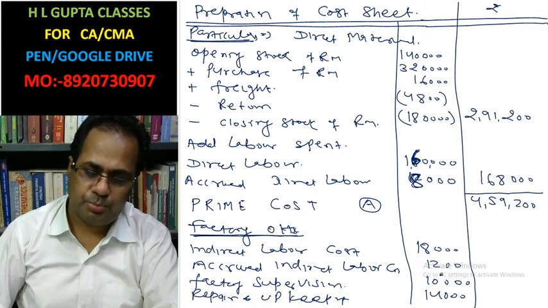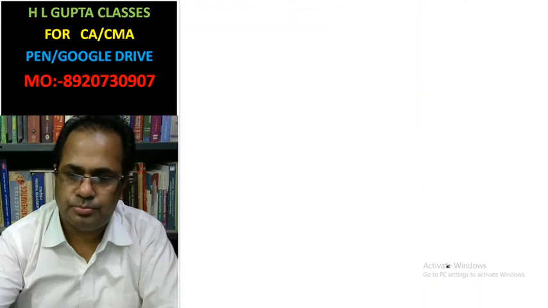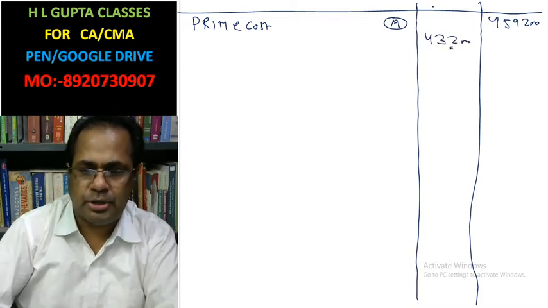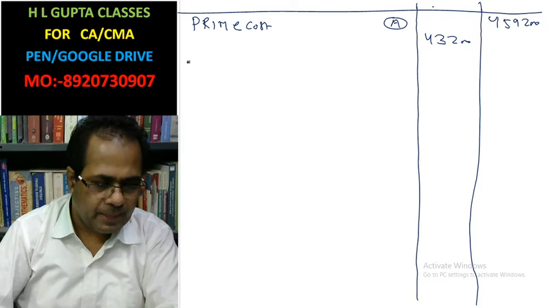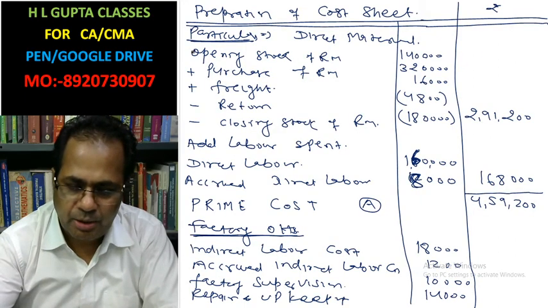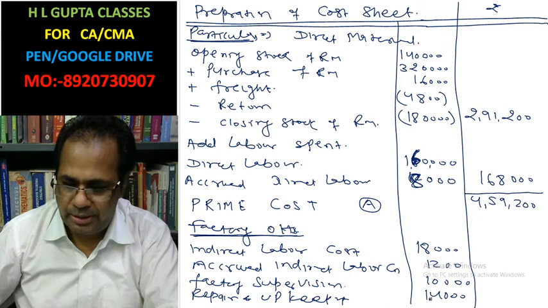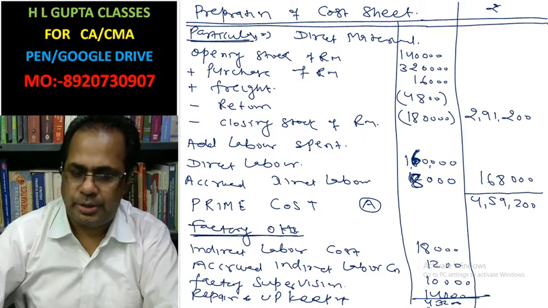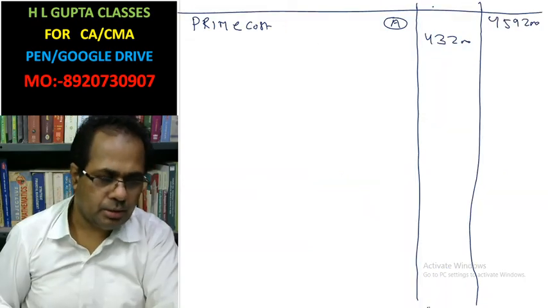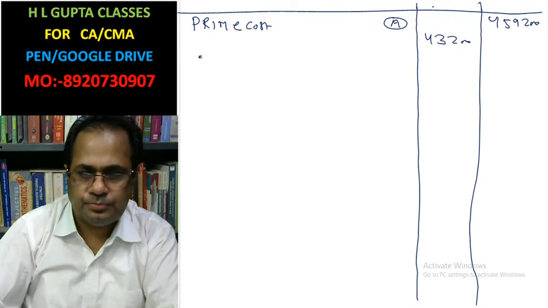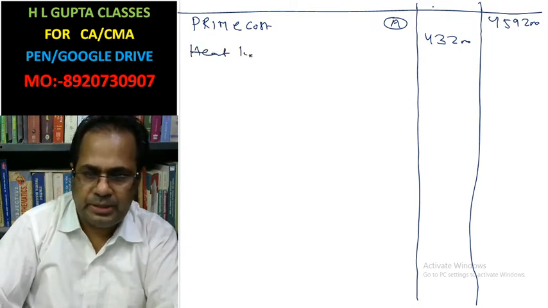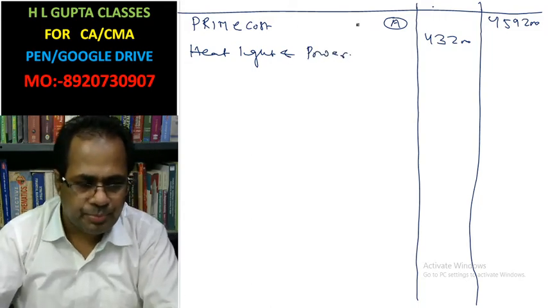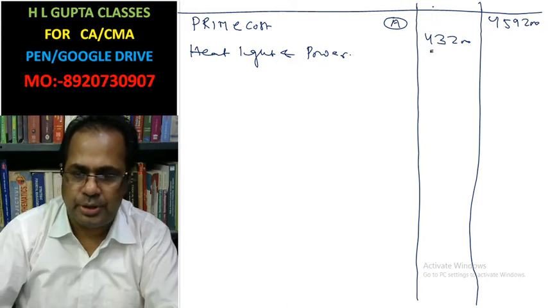This is 42,000, 43,200. This is repair and upkeeping, this amount is 43,200. Heat, light and power: we have already calculated for factory heat, light and power, that is 52,000.